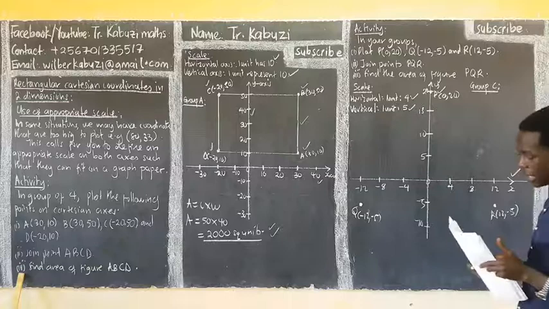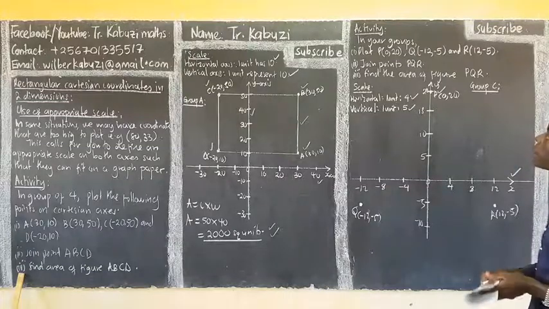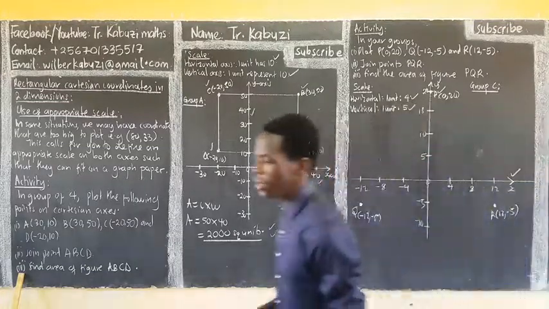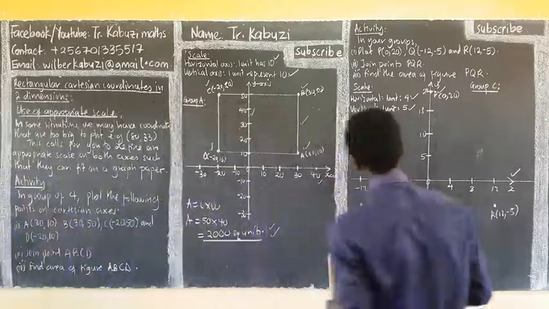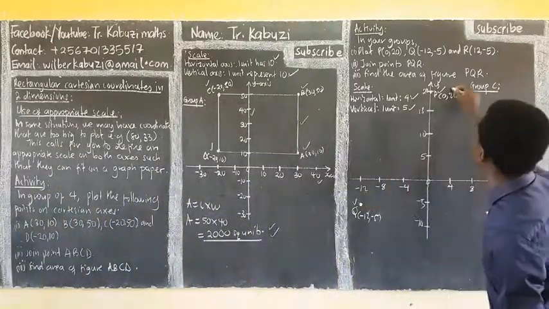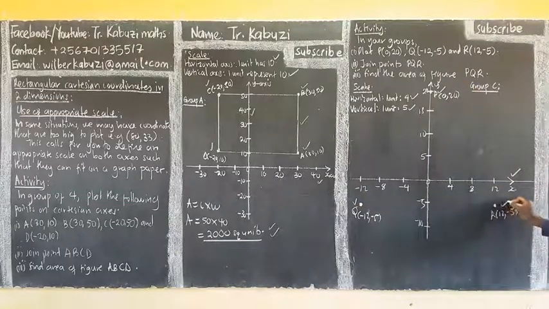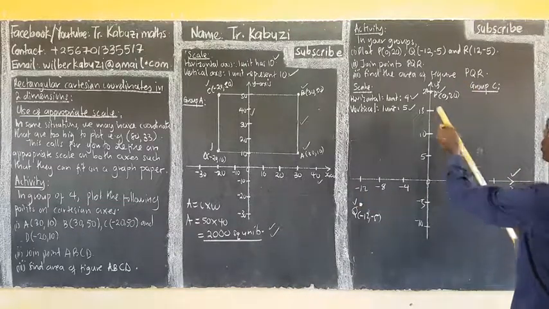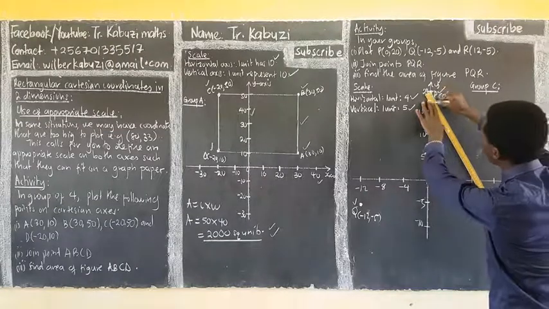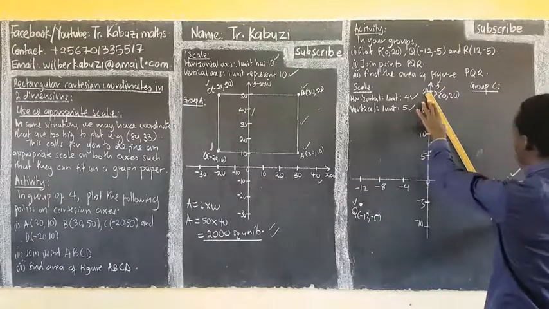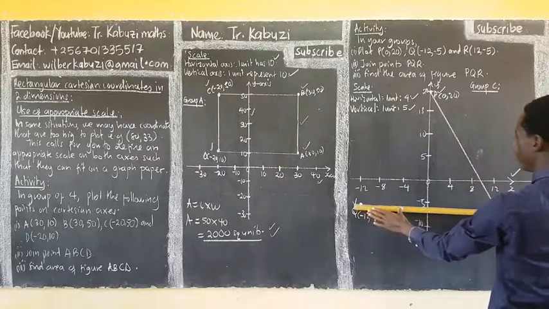After that, they are told to join the points. For every point, you give a tick. This is okay, this is okay, and this is very okay. Then we join this to this, then this to this.